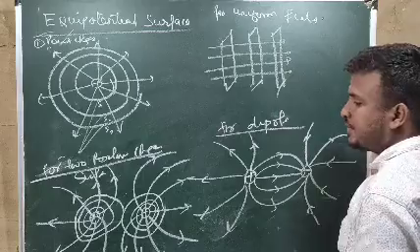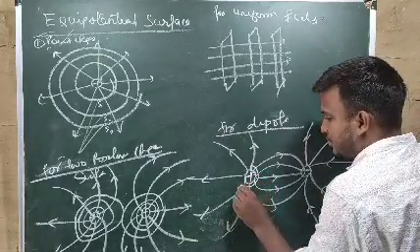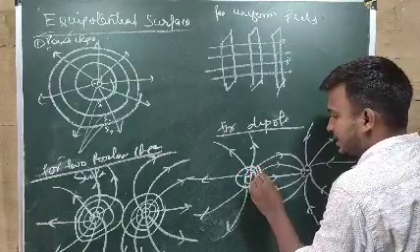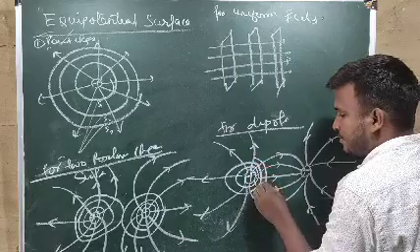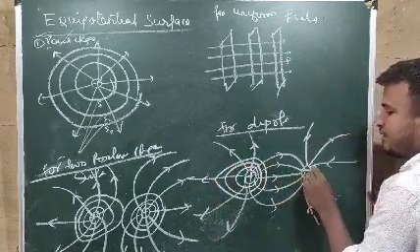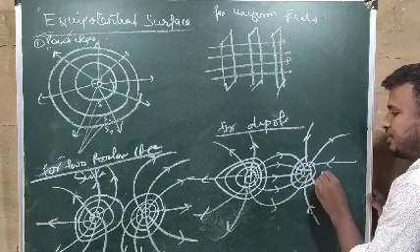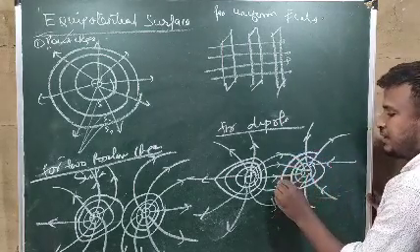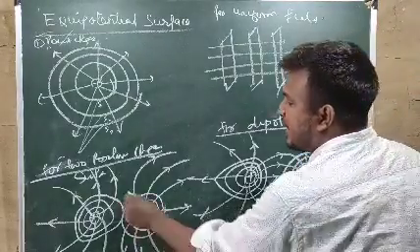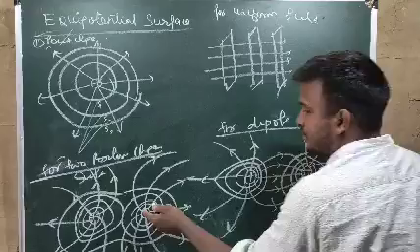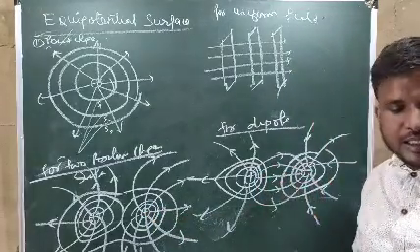So if you want to draw here, it will be a little bit steeper, and here it will be a little bit forward. Here also in the same way, it will be a little bit closer, and on this side it will go a little bit farther. So this is the pattern for two positive charges, and this is for the electric dipole.